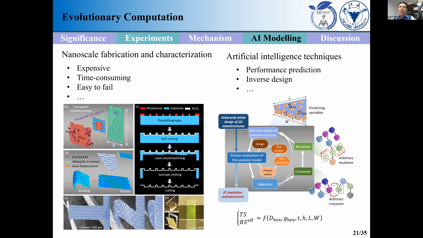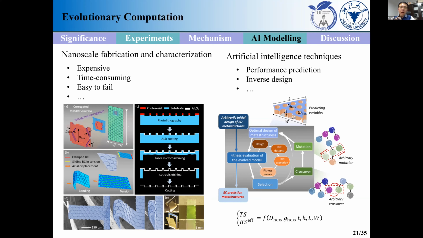And so we use artificial intelligence techniques mainly for two purposes. One is performance prediction, and the other is inverse design.